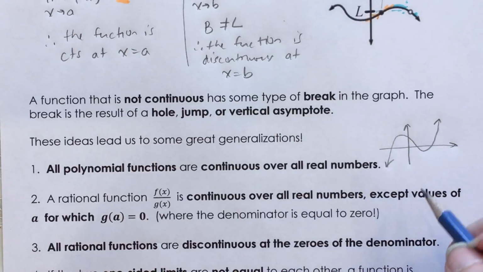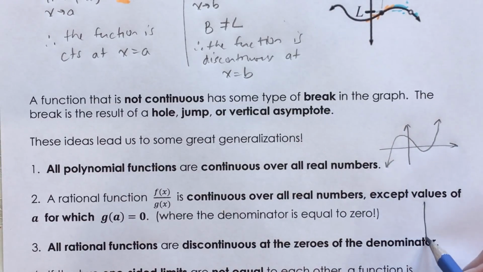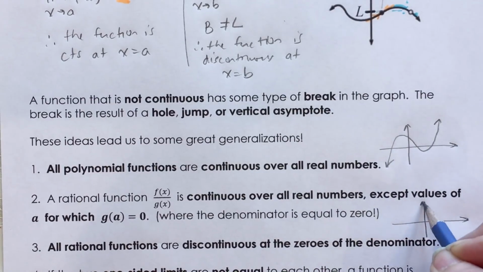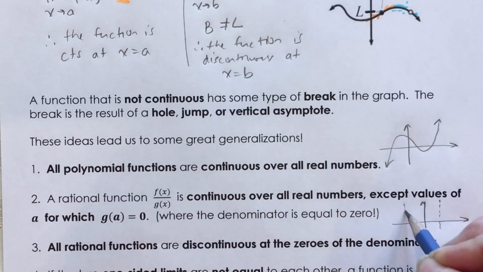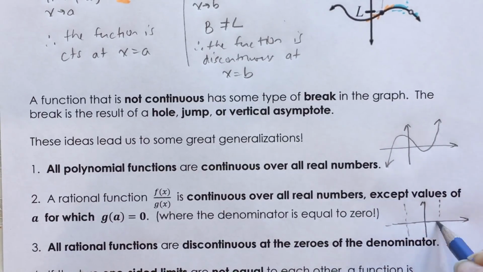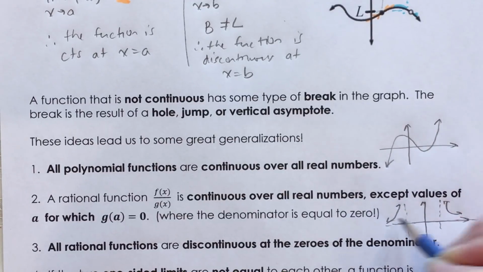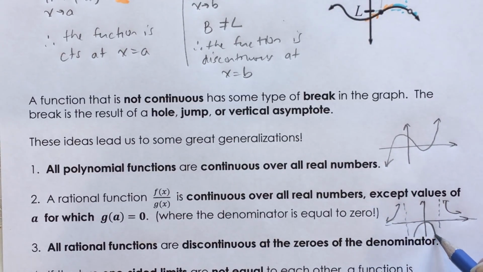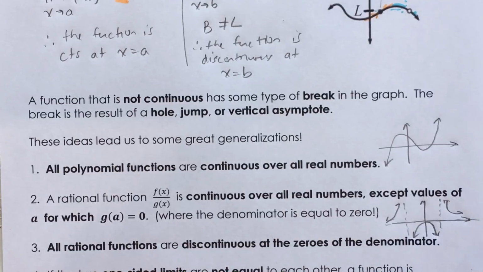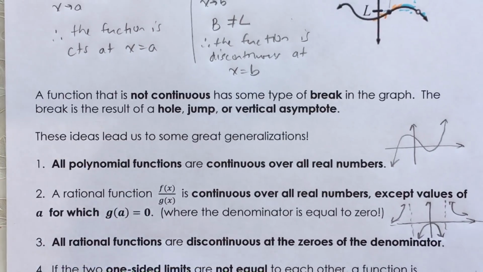Also from advanced functions, if you remember sketching rational functions, they would look like they were broken up into pieces almost. Weird looking. That's an example of one type of rational function. So rational functions are continuous everywhere, over all real numbers, except places where the denominator is equal to 0.